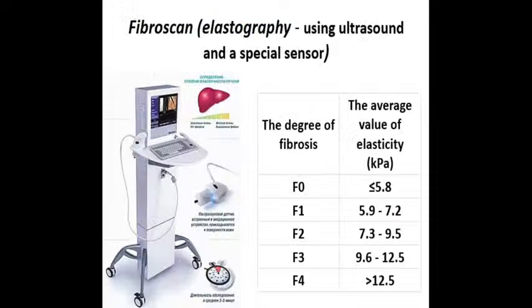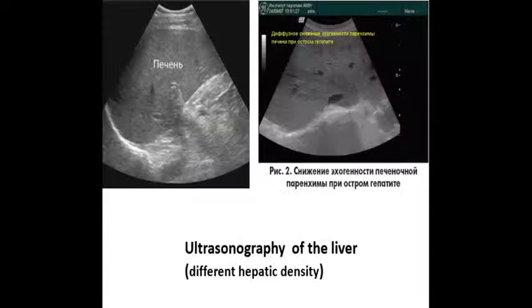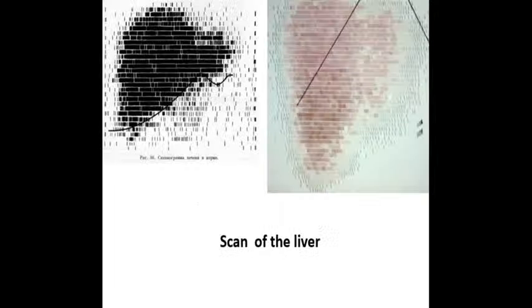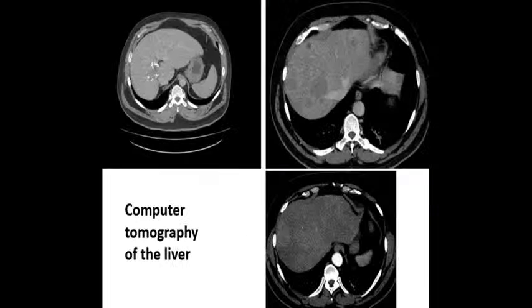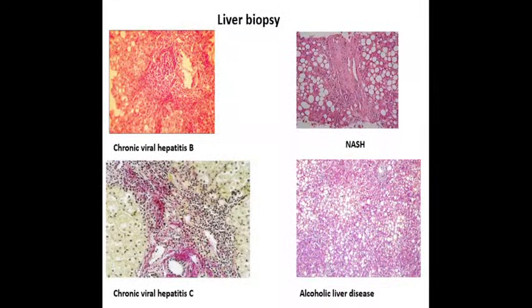With ultrasound examination, we can determine the size of the liver and spleen, and also the diameter of the portal vein. This is a scan of the liver. This is computed tomography of the liver. And if we cannot determine what the pathology is, we must do a biopsy of the liver and then study the morphological structure of the liver.